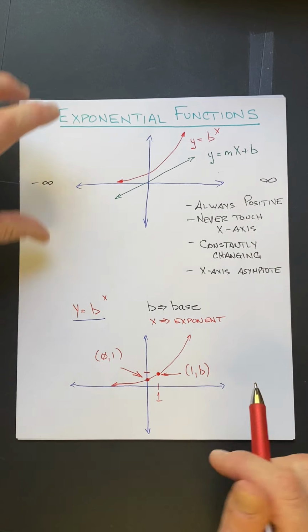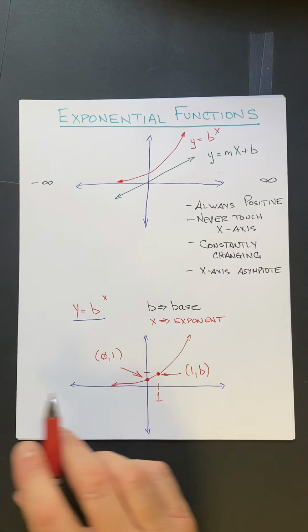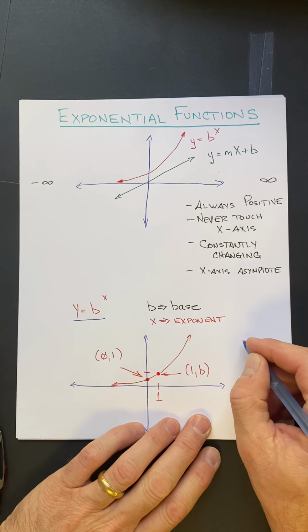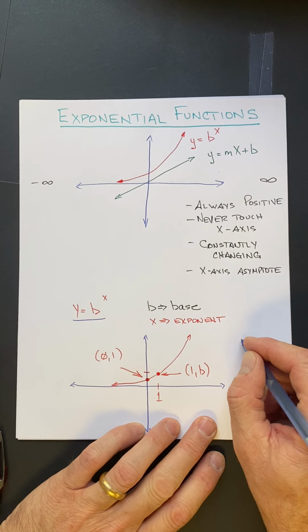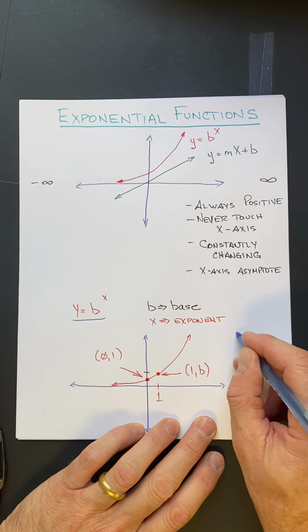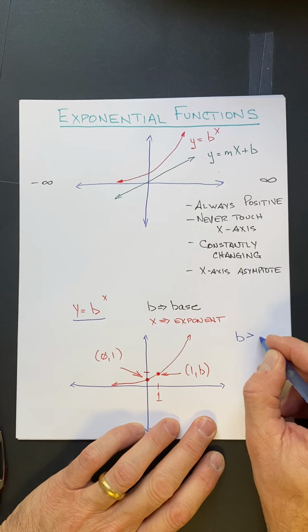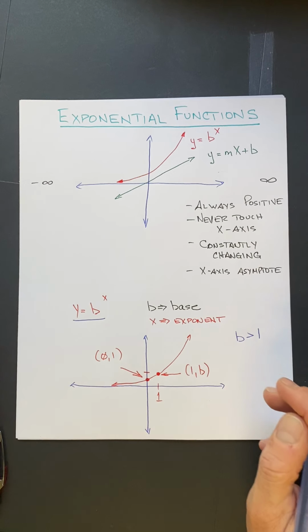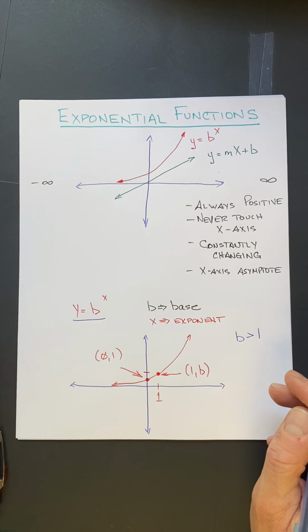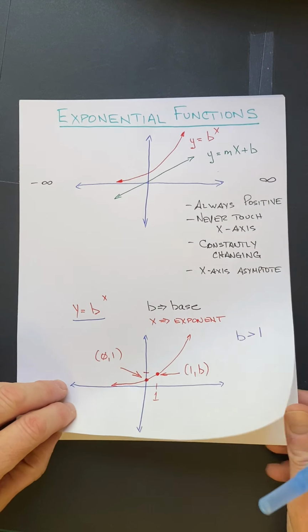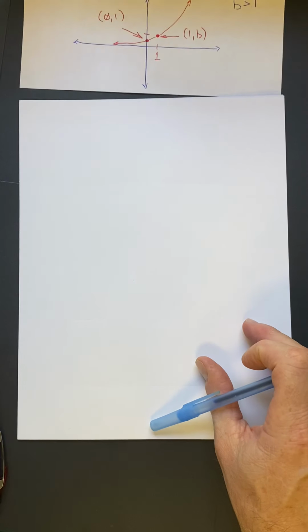Now, what I've talked about here is for an exponential function where my b value is greater than 1, okay? And it changes when b is less than 1. And I want to show you that one.